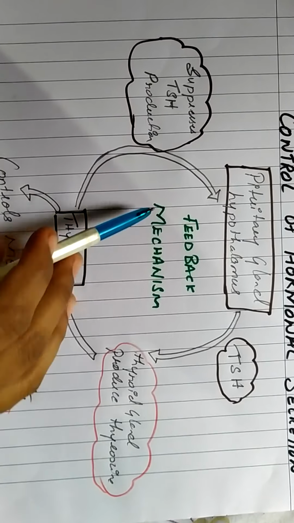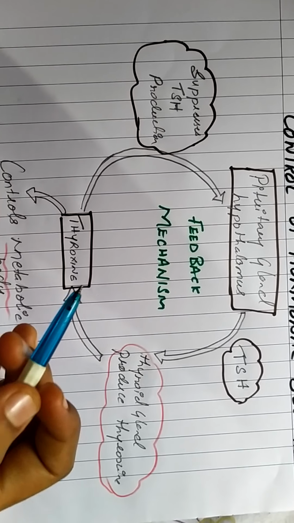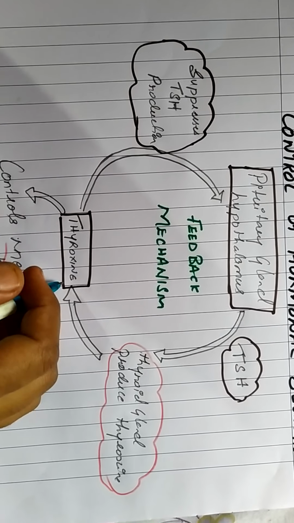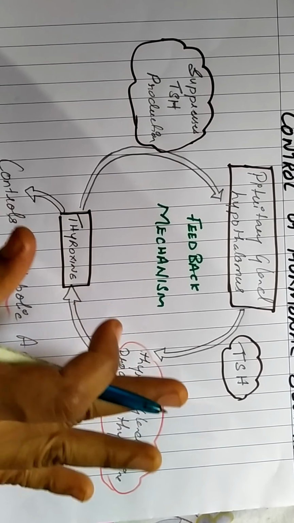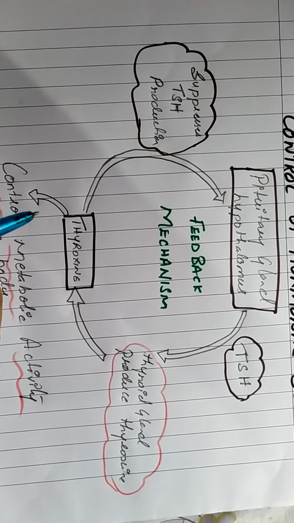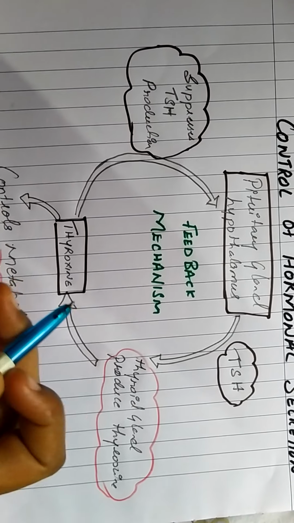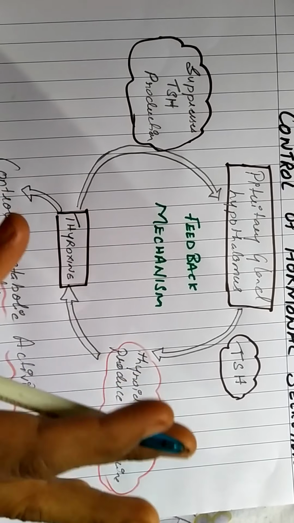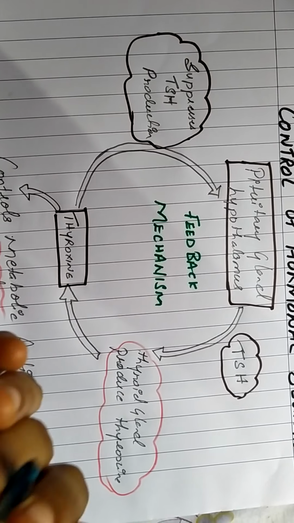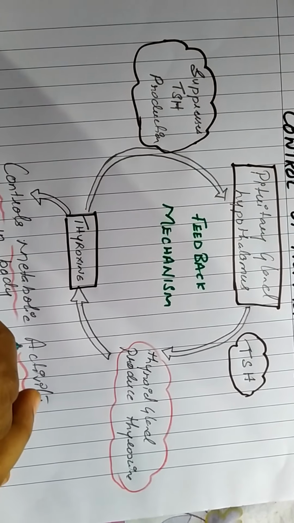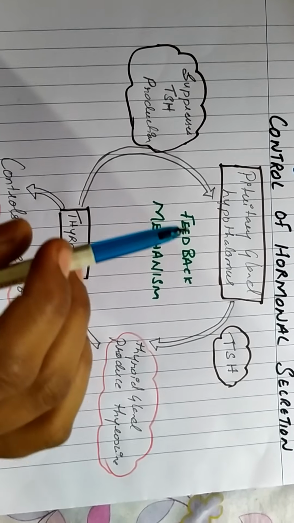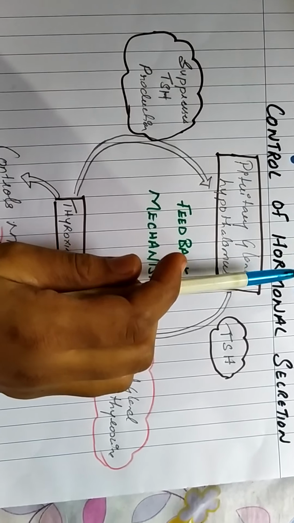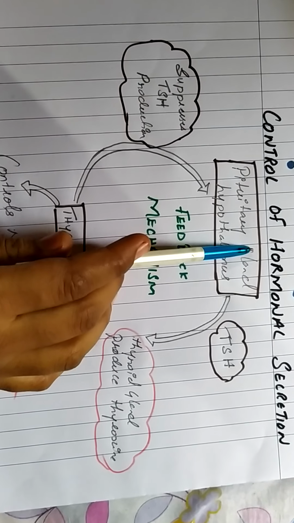It may affect in a negative way, or it might be positive. Negative feedback means the end product conveys a message: secrete no more, or slow the secretion of these hormones. That means the signal controls the secretion of the hormones.